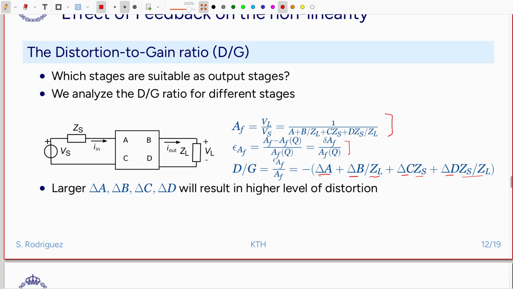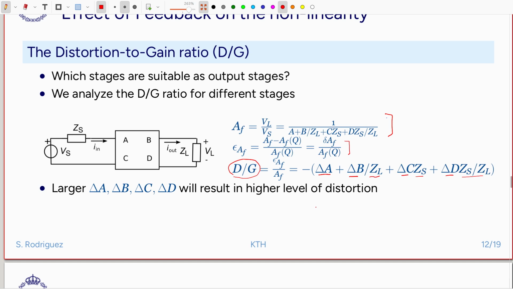Okay, so larger delta ABCD will result in a higher level of distortion, because then our figure of merit gets degraded. So in other words, again we come back to the observation that we had before.